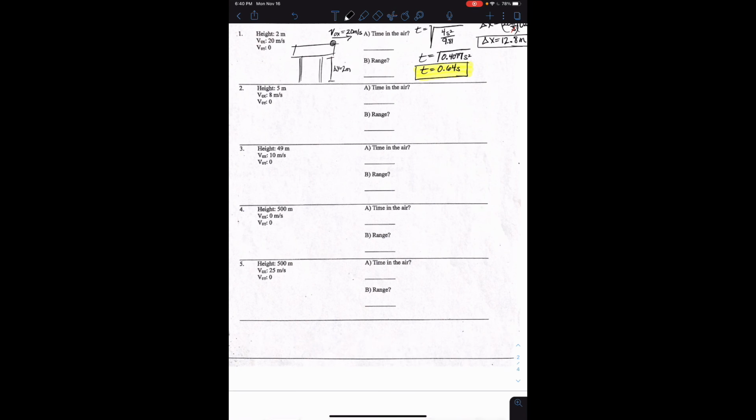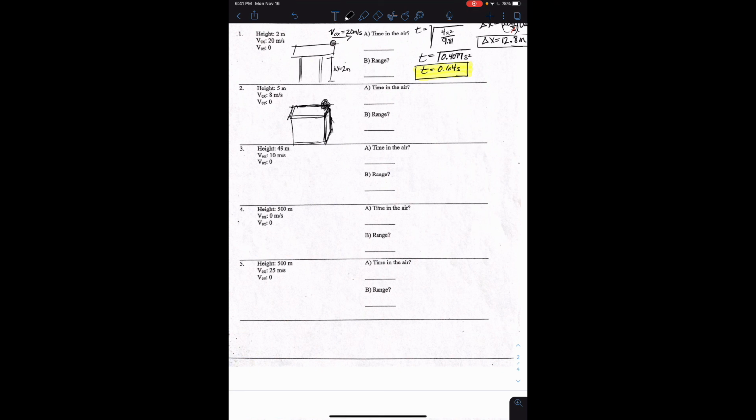All right, 5 meters is about 15 feet. So maybe this is like a small building or something. And this time, I don't think I can draw a building very well. You have a marble or something up here. Maybe it's a soccer ball, who knows.